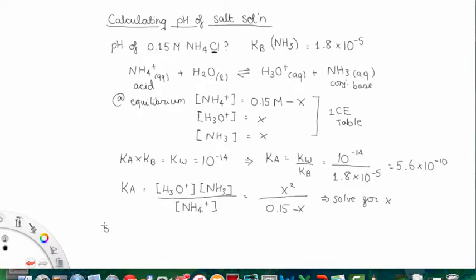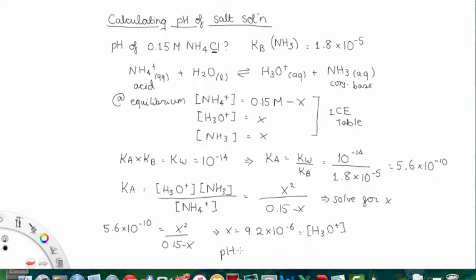So the equation is going to be 5.6 times 10 to the power of -10 is x squared over 0.15 minus x. When you do the calculation yourself, you'll end up with an x value of 9.2 times 10 to the power of -6. So now, since this x is the hydronium ion concentration, we can calculate the pH, because this equals H3O plus concentration.